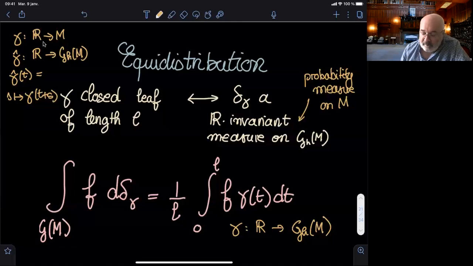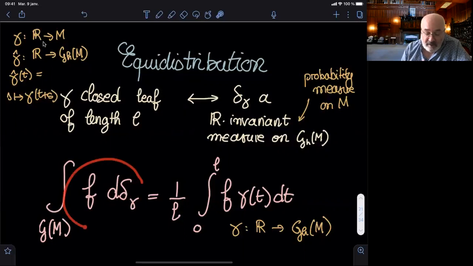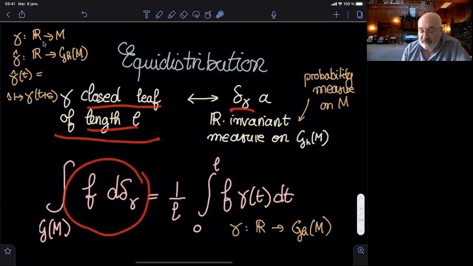If you move the point along the geodesic, it gives you a curve in the space of geodesics. I'm sorry for the complication. Anyway, the point is that you have a natural measure associated to any closed leaf.